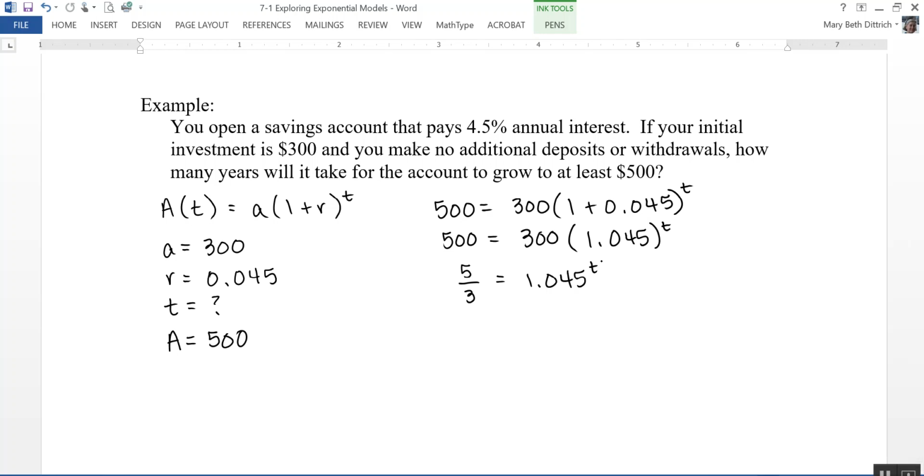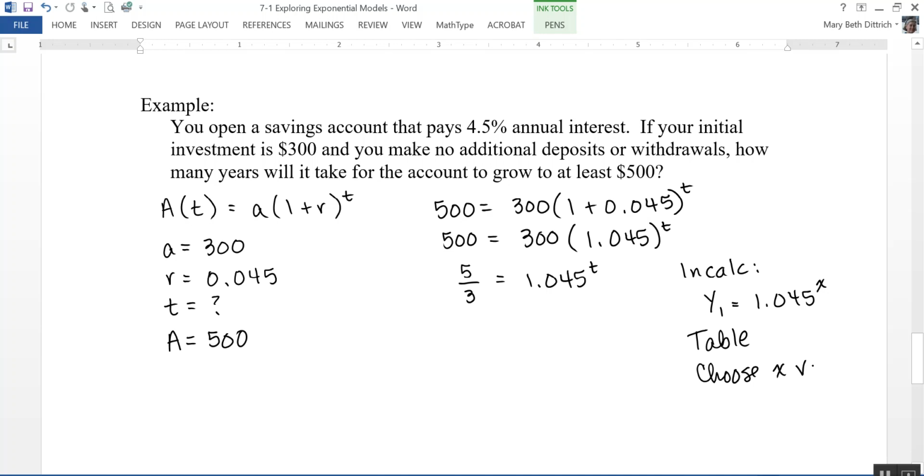So I'm going to go into my calculator. And I'm not going to show you here, but in the calculator, you're going to put into y1 1.045 to the x, okay? And instead of looking at the graph of this, I'm going to go into my table, and I'm going to try values of x.